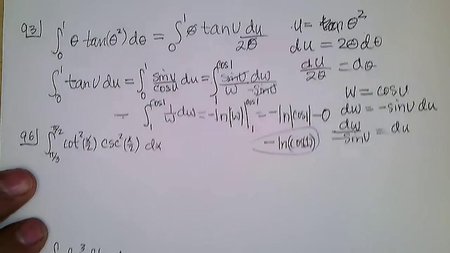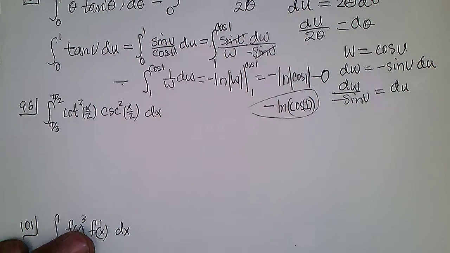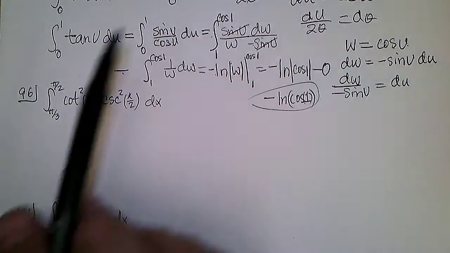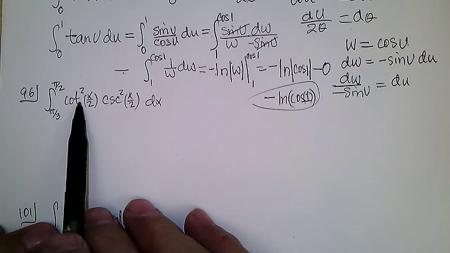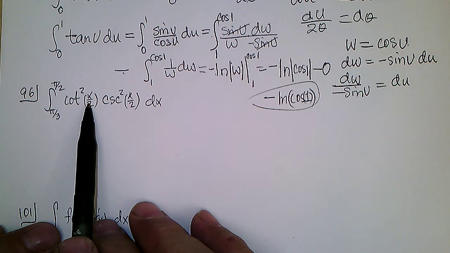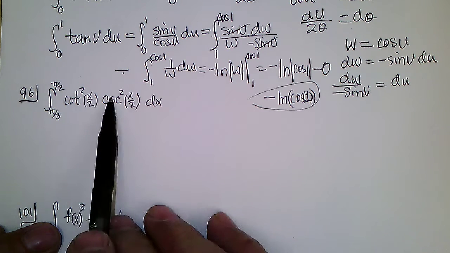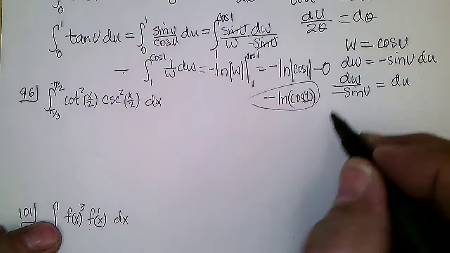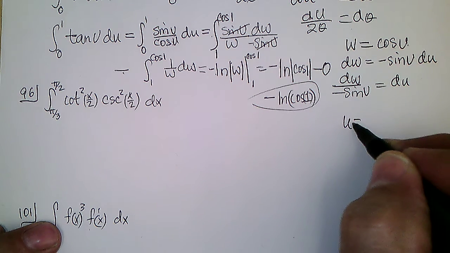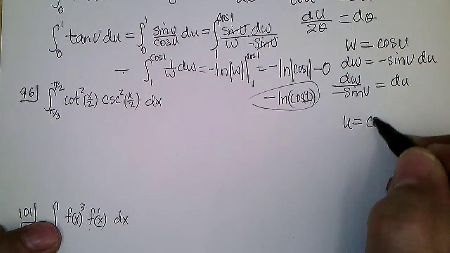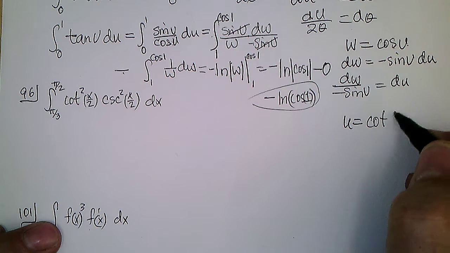Okay, next one. Well, if I let u be cotangent of x over 2, then its derivative is cosecant, negative cosecant squared, which would cancel that. So I'm going to let u be cotangent of x over 2.